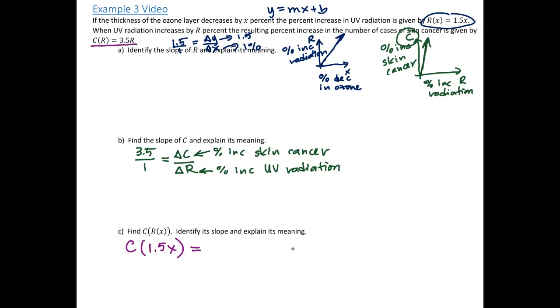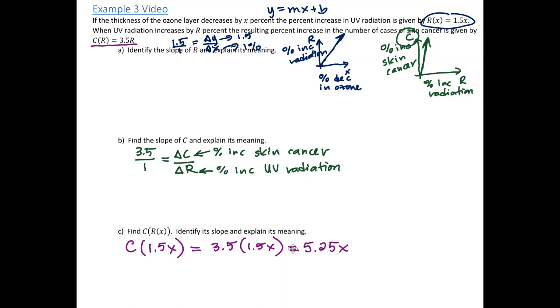So I'm looking back up here at the formula for C. It says, whatever input you give me, I will give you back that input multiplied by 3.5. So we just need to take that 1.5x and multiply it by 3.5. And I'm getting for that 5.25.